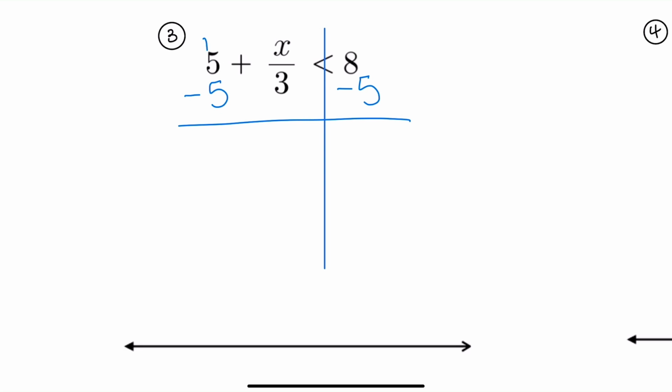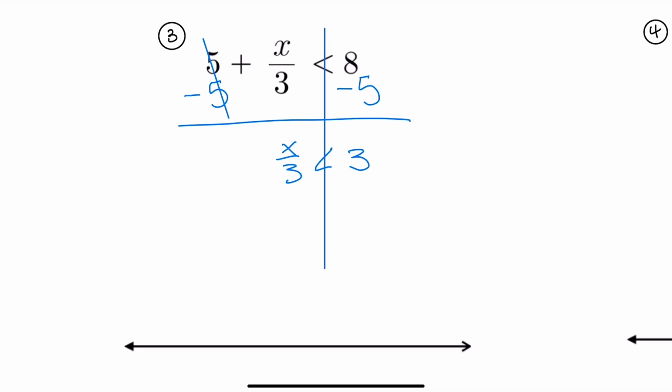All right, 5 minus 5 is 0, so we're going to have x over 3 on this side is less than 8 minus 5. That's 3. Okay, so we have x over 3. Remember, this fraction symbol is the same thing as a division symbol. So this means x divided by 3.